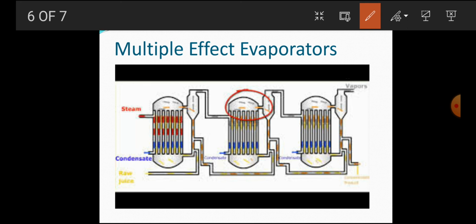By increasing the number of effects, the economy of an evaporator system can be increased. The first effect of a multiple effect evaporator is the effect to which the raw stream is fed.